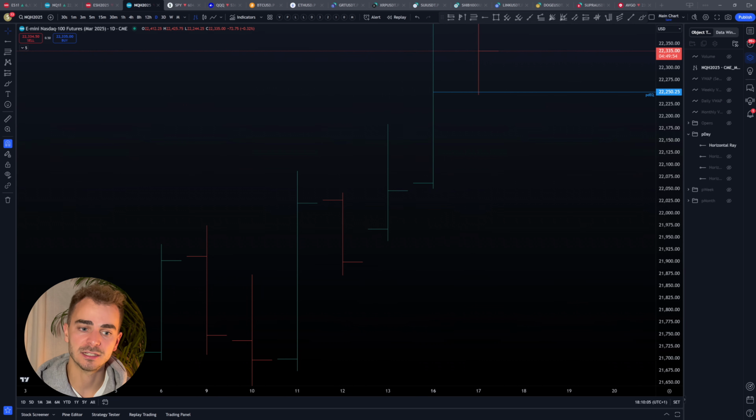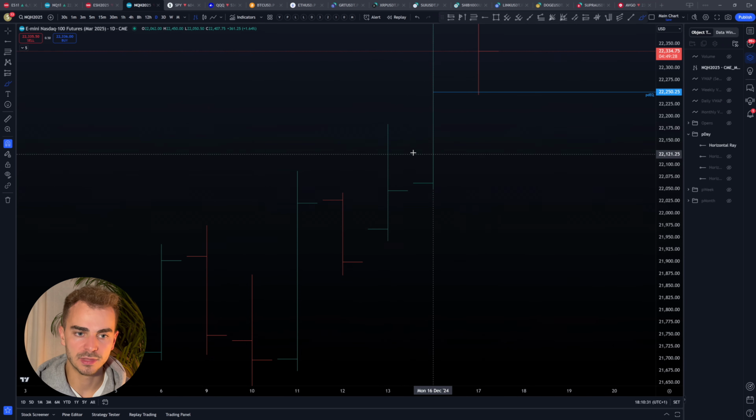So what we will see here, if we look at this particular bar, we will see the open, which is this horizontal line to the left. Then we will get the low of this bar, the high of this bar, and the close of this bar, which will be the horizontal line to the right.